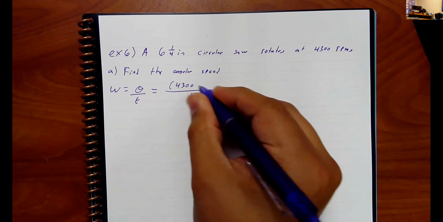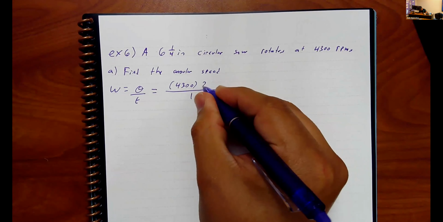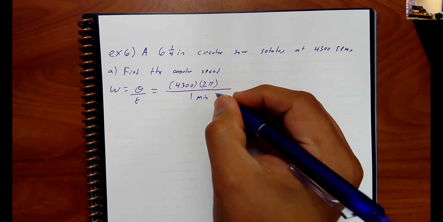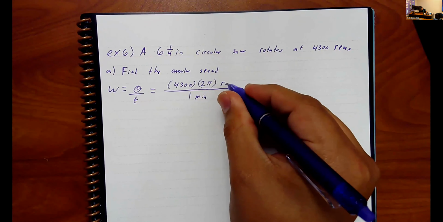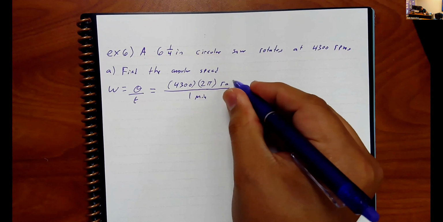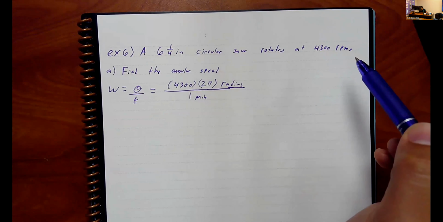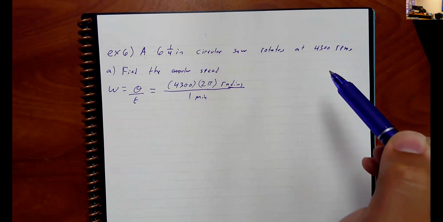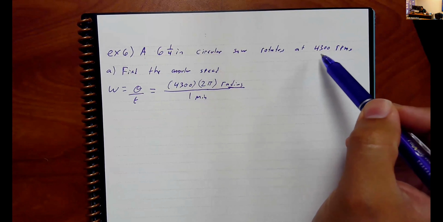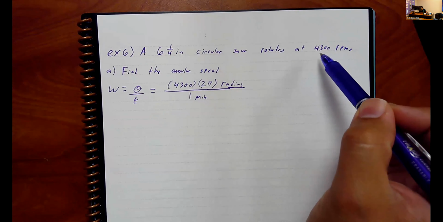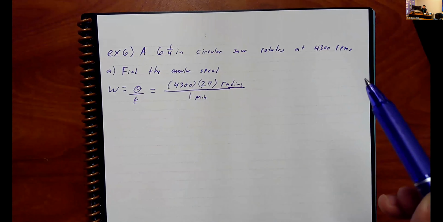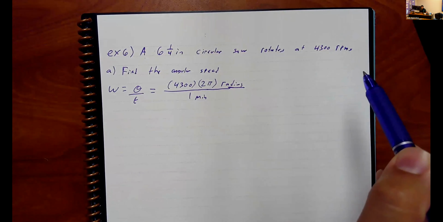So there's 4,300 revolutions happening, 2 pi radians each, every minute. So I'm spinning around in a whole circle 4,300 times in 1 minute. That's what RPMs means, right? We break it down to the basics. I go around 4,300 times in 1 minute.